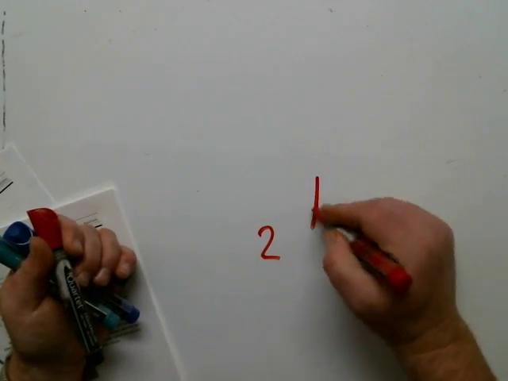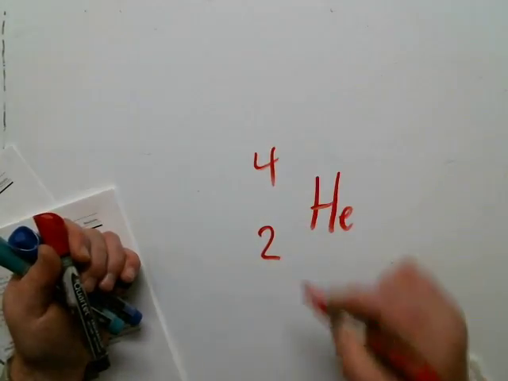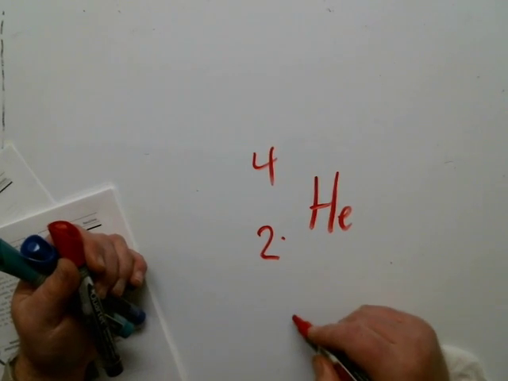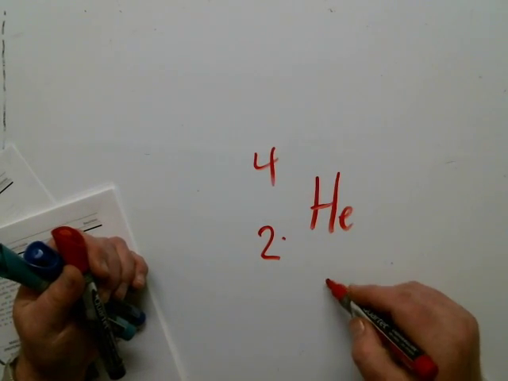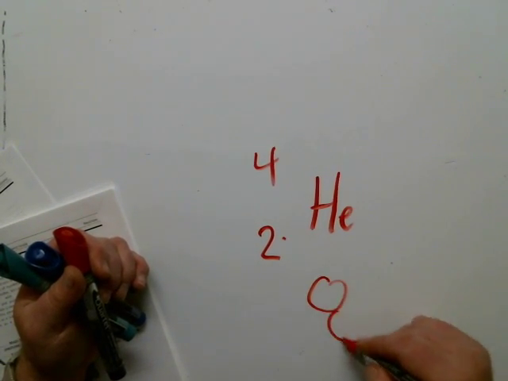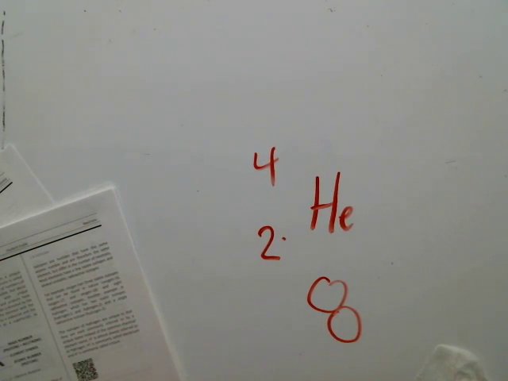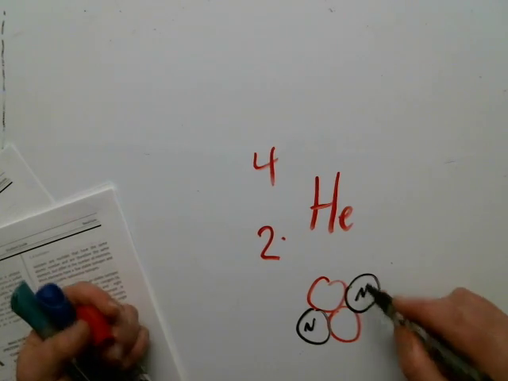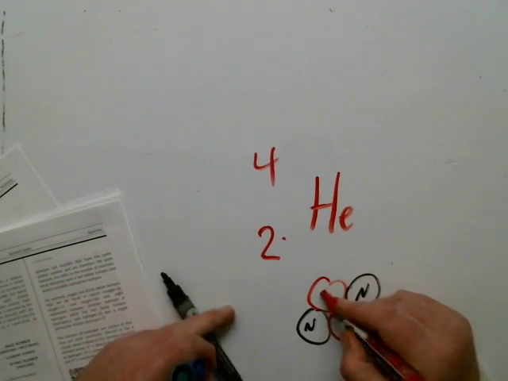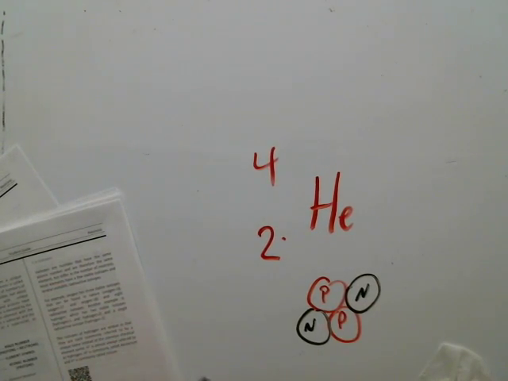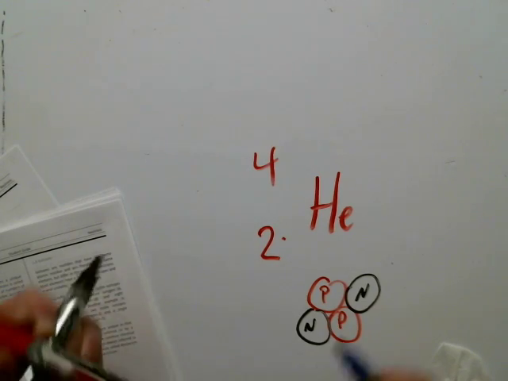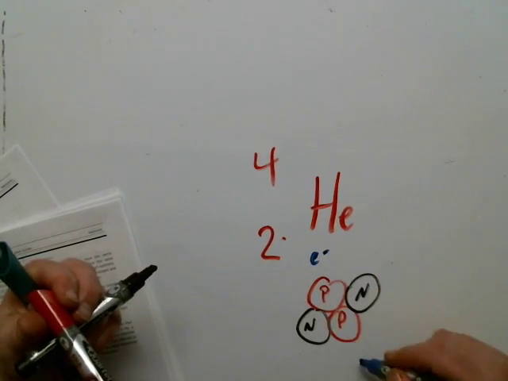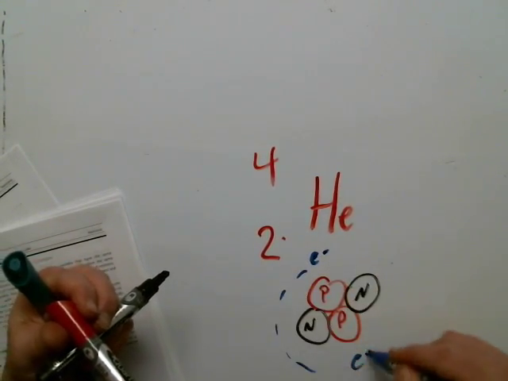If I have 2 helium-4, since I have 2 protons, and I'll draw a picture of that atom, there's 2 protons, there's 2 neutrons. If I want this to be electrically neutral, it needs to have offsetting charge of 2 electrons.